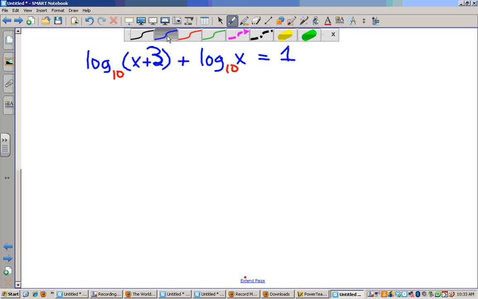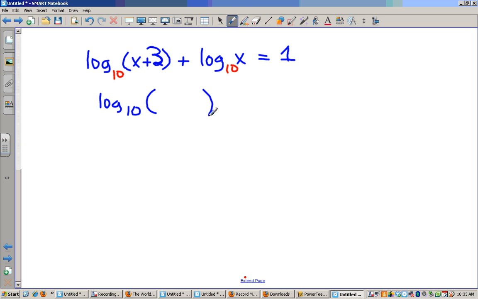How do we do that? Log base 10. I'm going to start multiplying it out now. What's it going to be? X squared plus 3x equals 1. And then what? So that's the laws.